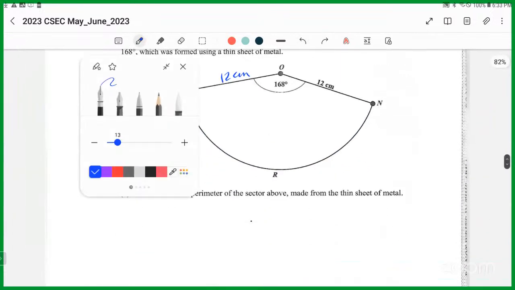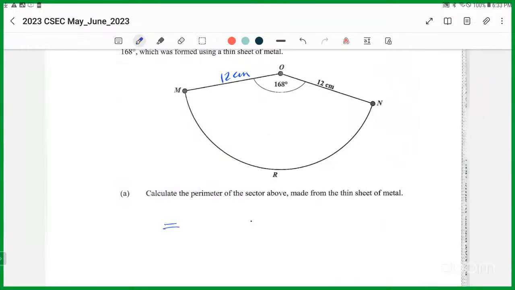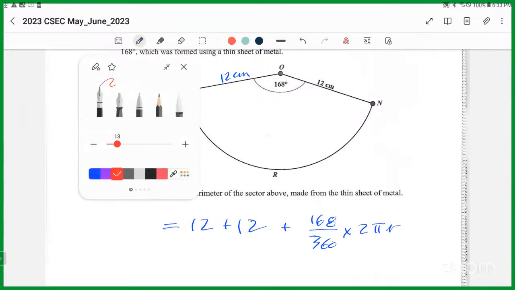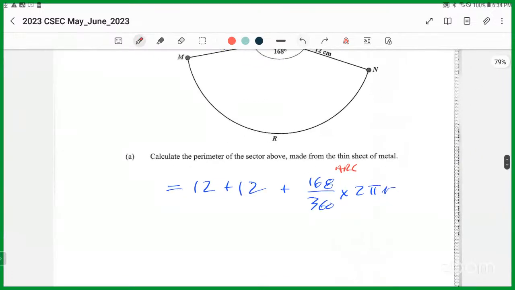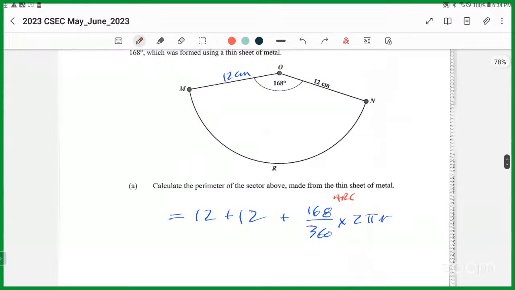So the perimeter that I want is equal to 12 plus 12, that's these two sides, plus 168 over 360 times 2 pi r. This right here is the arc. That's the formula for the arc, a fraction of the circumference, and the r right here is 12. Let me put the 12 there.